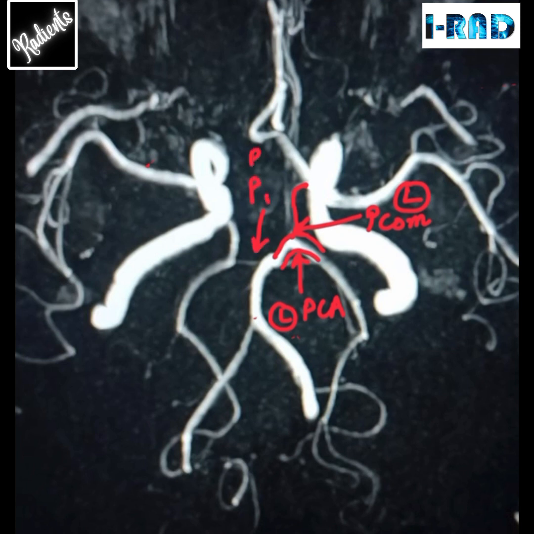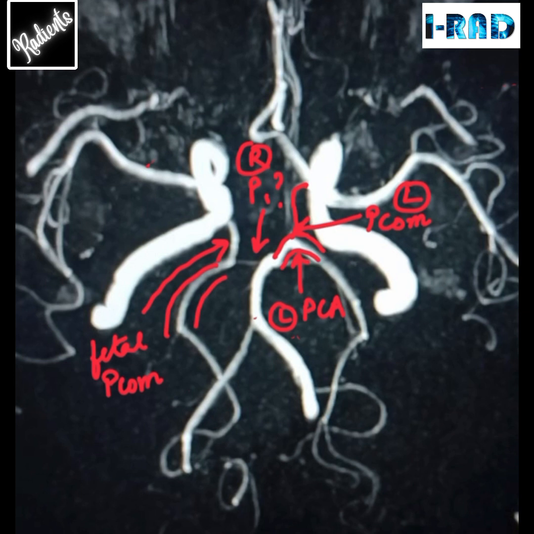That is not visualized. And as a compensatory mechanism, there is a fetal or large PCOM on the other side, such that the distal PCA on the right side gets a significant amount of supply.